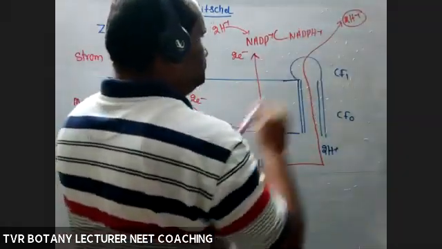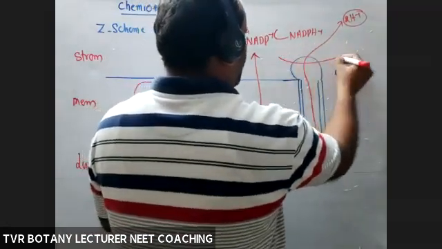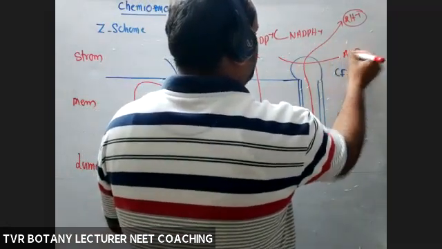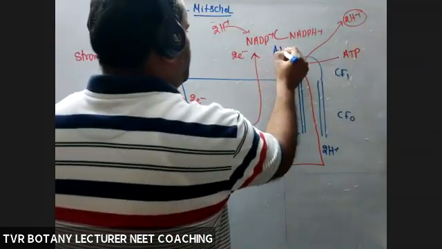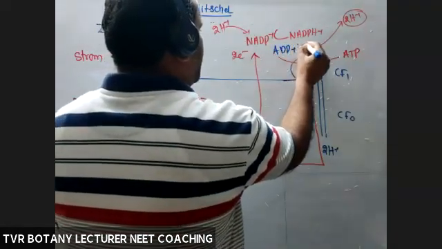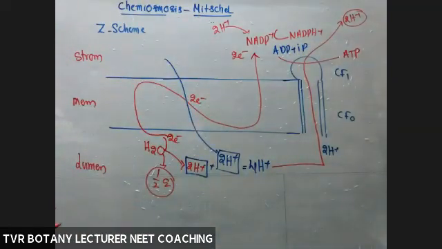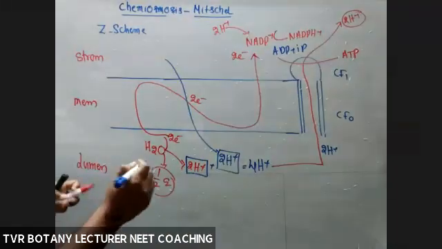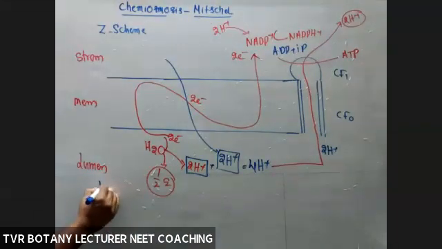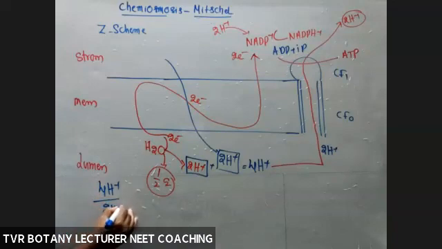So according to the concept, what about the number of ATP molecules synthesized? 1 ATP molecule from ADP plus inorganic phosphate. So like that, how many H plus available? 4. So 4H plus divided by 2H plus.